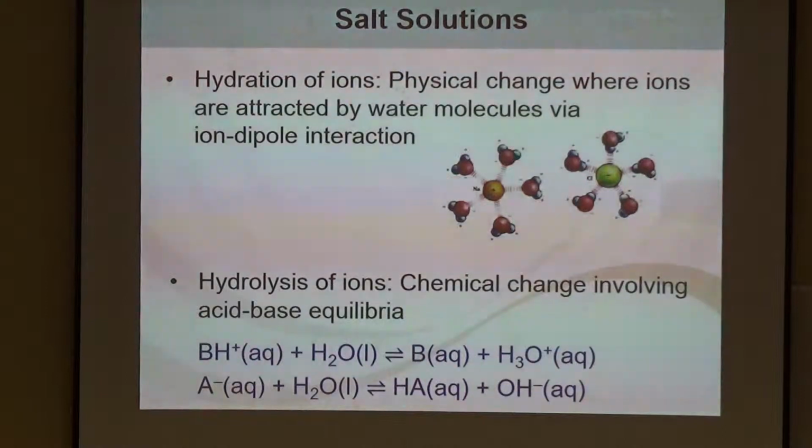Now this is similar to what you have seen before, these two equations, except they are written as the reverse. You have seen B plus H2O to give you BH+ plus OH-. You have seen HA plus OH- to give you A- plus water.